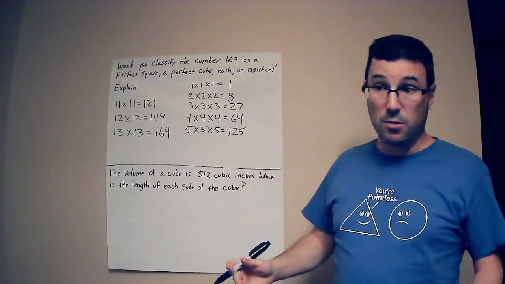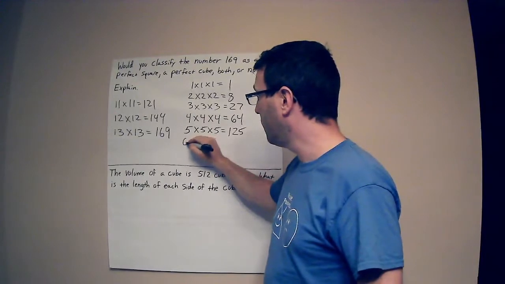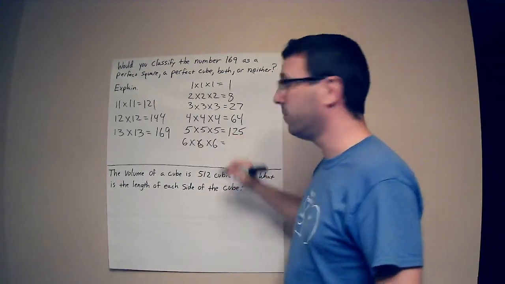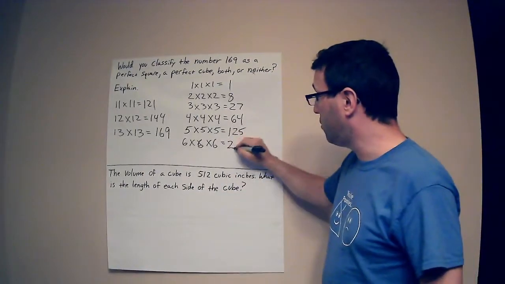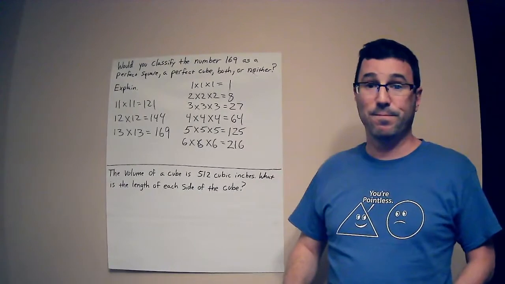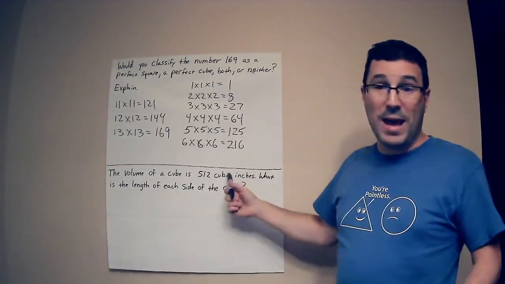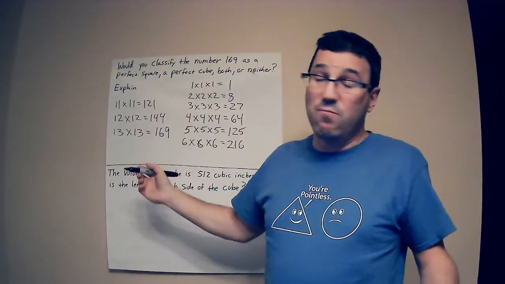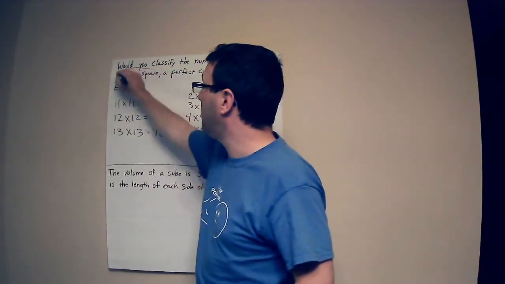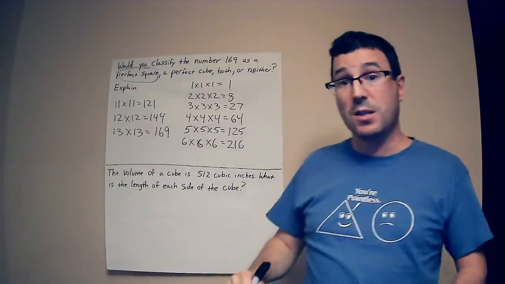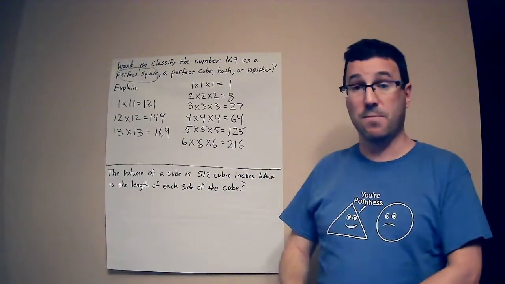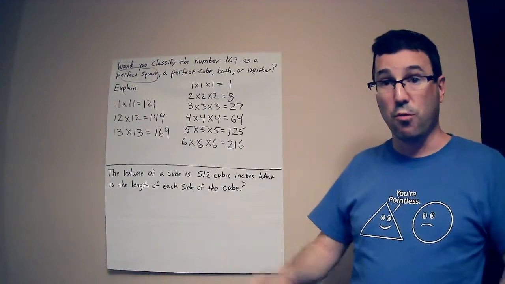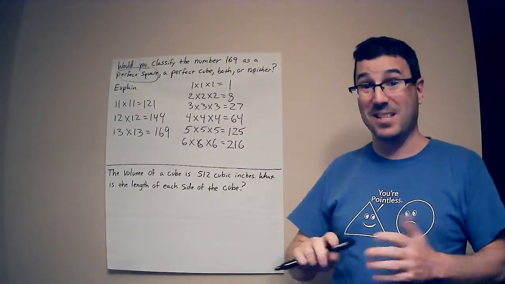Oh, so we're getting closer. 6 times 6 times 6 is 216. Well, we're past 169. It didn't show up. So then 169 can only be classified as a perfect square because it is 13 times 13, and nothing else works. There's no triples there. There's no cube root of 169 that's going to give us a nice number.